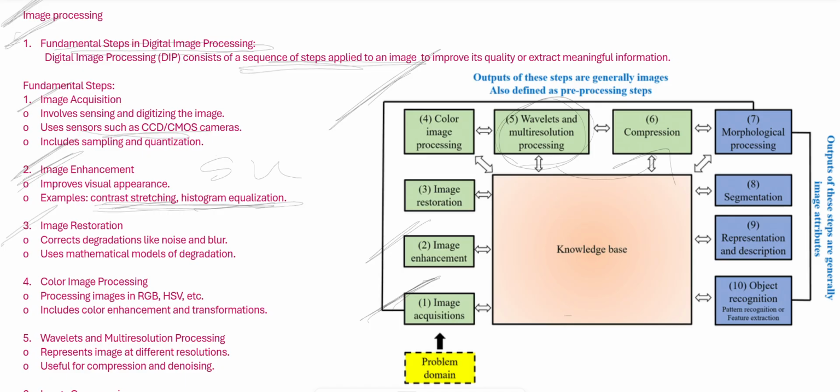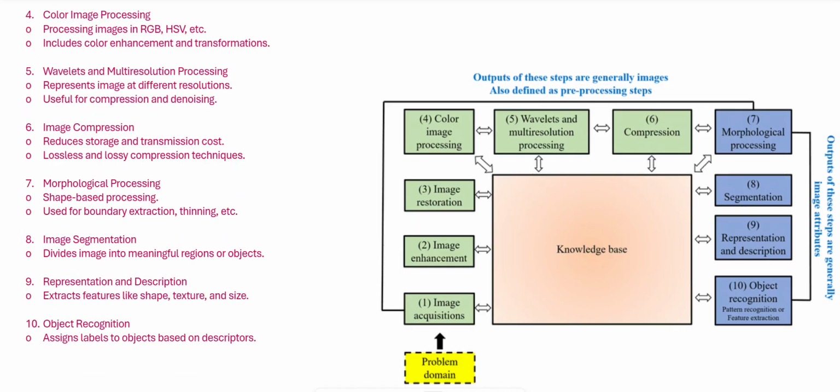Wavelets are small waves of limited duration used to change the resolution of an image. Applying a wave on an image is called wavelet transformation. What is resolution here? The number of pixels used to represent an inch of an image is known as resolution. This is what wavelets and multi-resolution processing is.